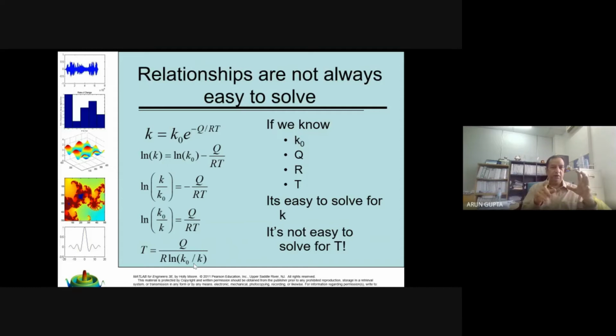So solve k comma t, and MATLAB will automatically rearrange the whole equation and you can easily solve it. Once you have solved, there is another command called substitute. You can substitute the values of q, r, k0, and the whole thing can be solved. So within 2-3 steps, you can solve any complex equation.